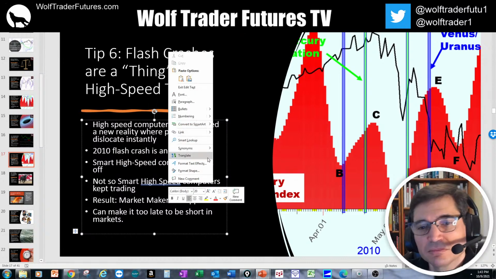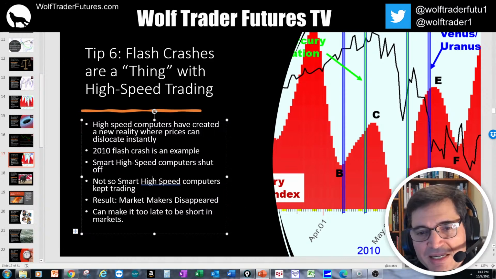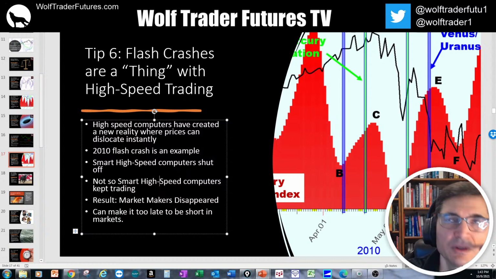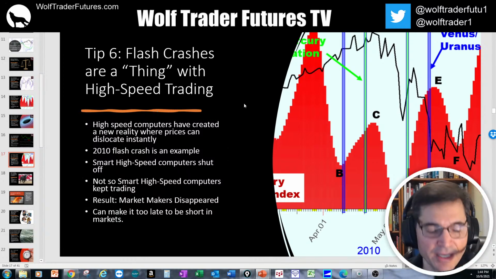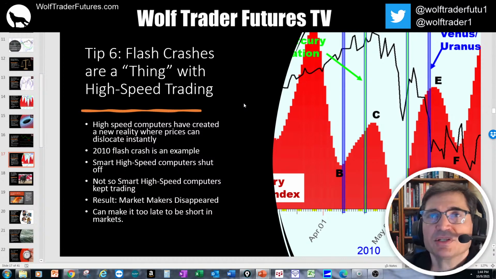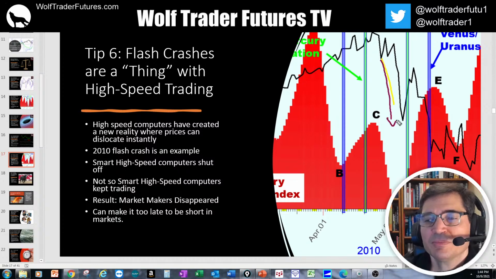Now people have pointed out to me that maybe these high-speed computers have gotten smarter now, and maybe it's not a problem. Well, in 2010 we got this flash crash into here, which of course showed up around all the other market crash signatures, but this was the big flash crash. Somebody brought up to my attention, well, aren't the computers smarter now?